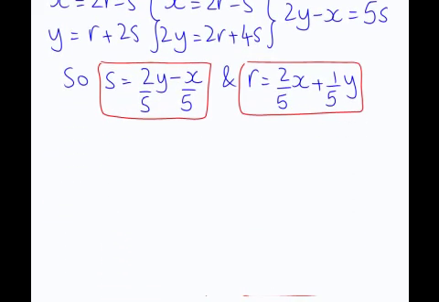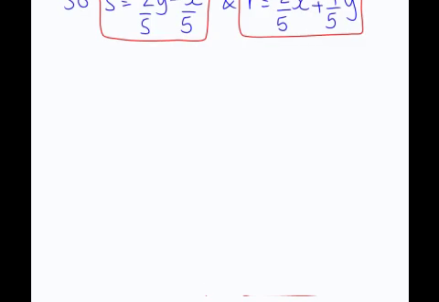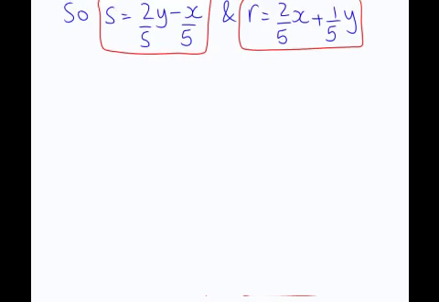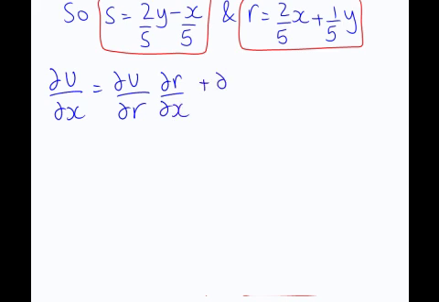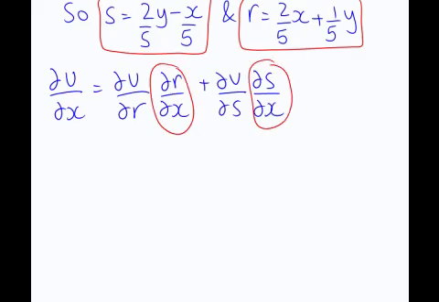So let me just write the chain rule out again. This is still the first derivative, and I'm then going to have to look at the second derivative after that. This is the chain rule that I wrote up earlier, and it's these two values that I can now find.